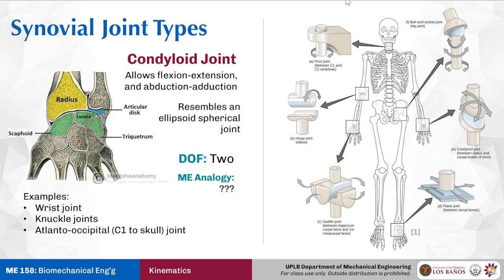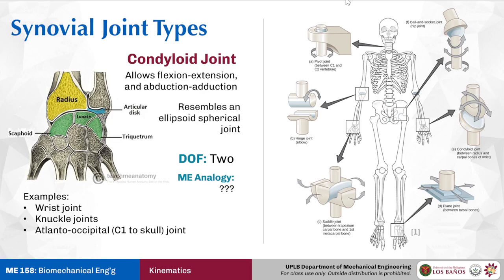For the condyloid joint, think of that socket being ellipsoid instead of spherical. So the ball end of the bone is instead ellipsoid, and it fits into an ellipsoid socket. What happens is that one of the three rotations that you originally had disappears. You can't do that anymore.